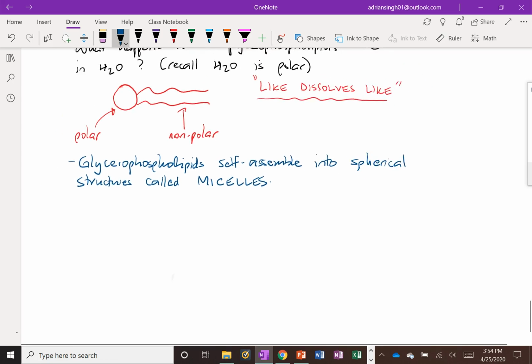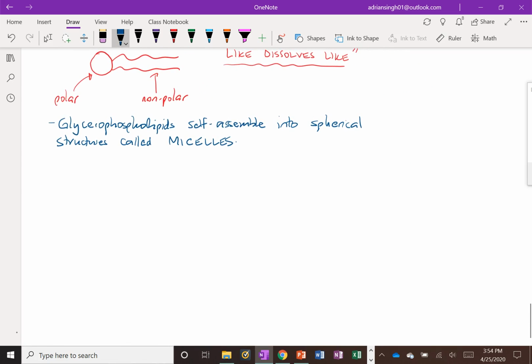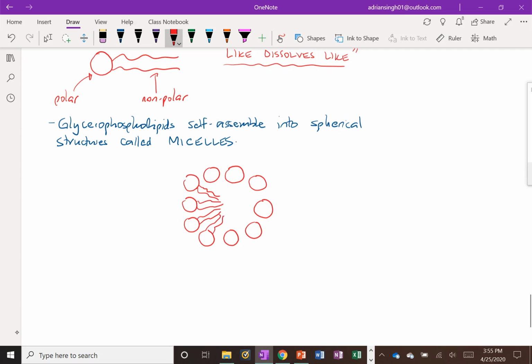The way that the micelles are going to look is driven by this whole like dissolves like idea. So if I have several of these glycerophospholipid molecules, and I were to draw a cross section around them, they're going to look like this, and then their tails are going to extend into the center of this structure.